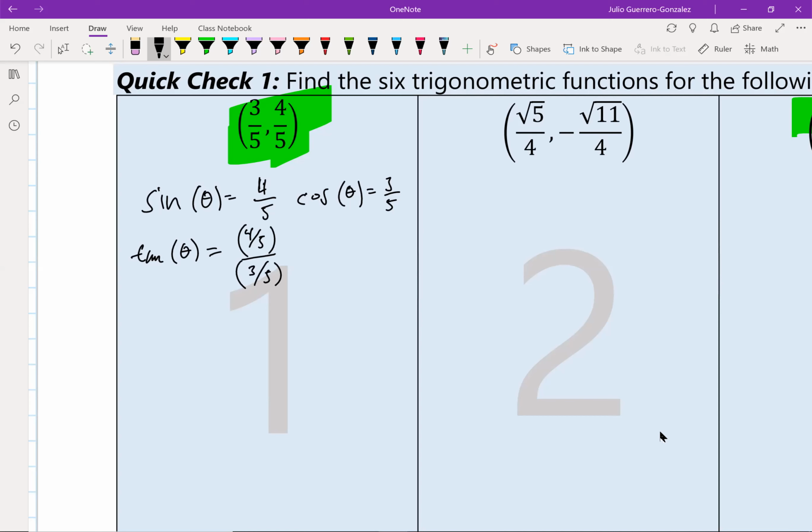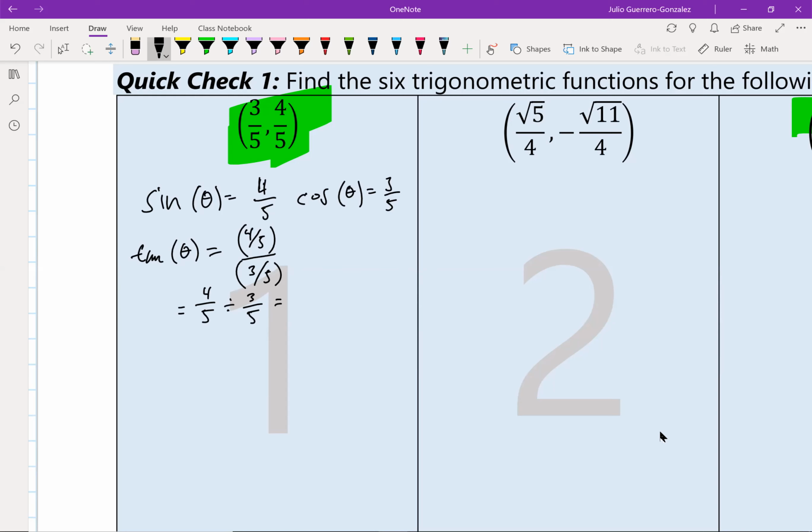Now, a lot of you guys have been saying the arithmetic behind it, so messing around with multiplying and dividing fractions, right? This is equivalent to 4 over 5 divided by 3 over 5, which is equal to, do you guys remember how to divide fractions?